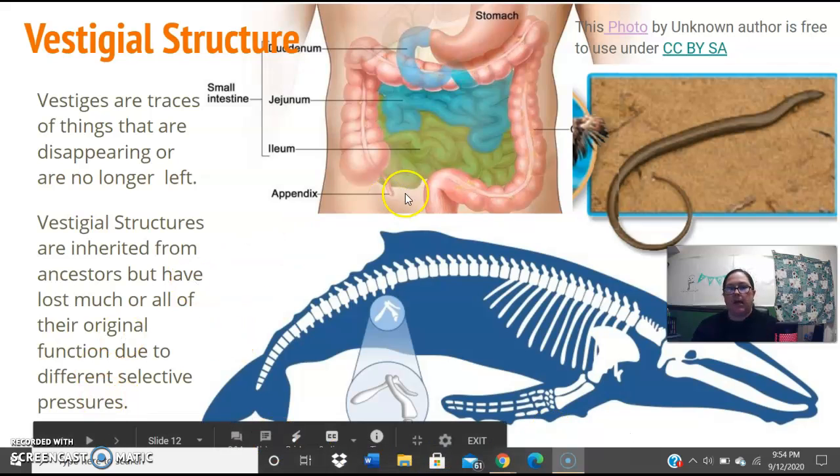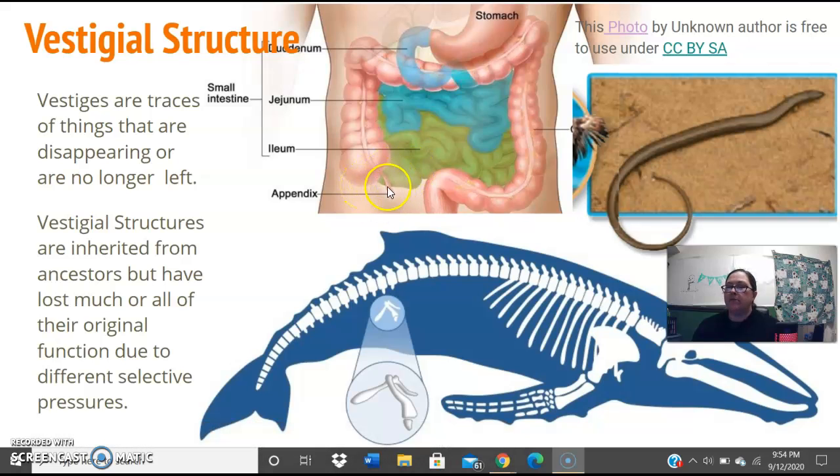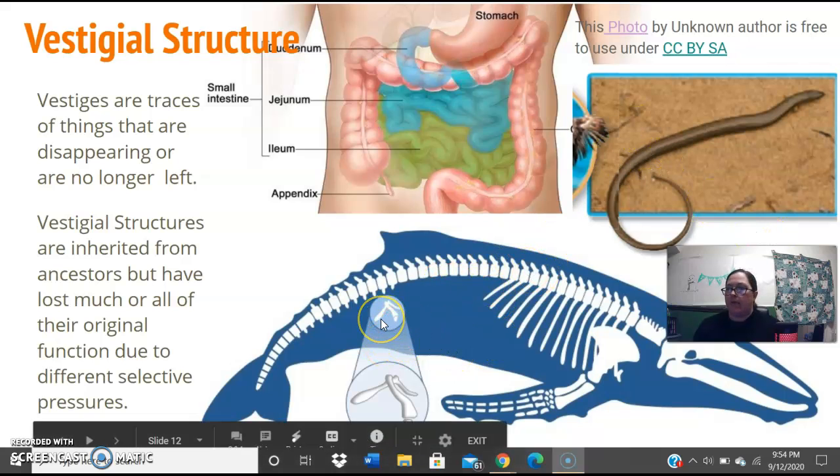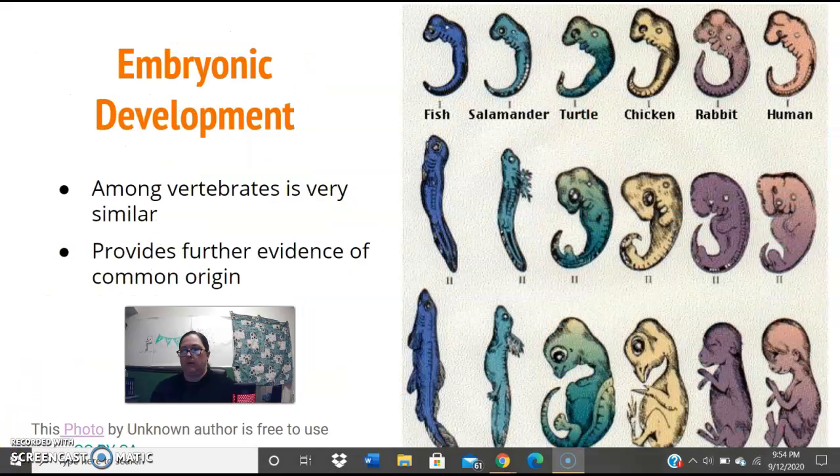So in humans, our appendix is part of our immune system, but it can be removed without many consequences. So it's thought to be no longer necessary. This Italian three-toed skink has tiny legs that are considered vestigial. And then even in the whale, we've got the pelvis bone, which is vestiges of an ancestor having limbs.